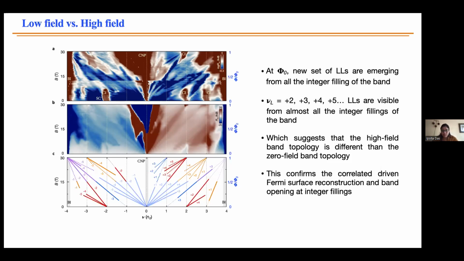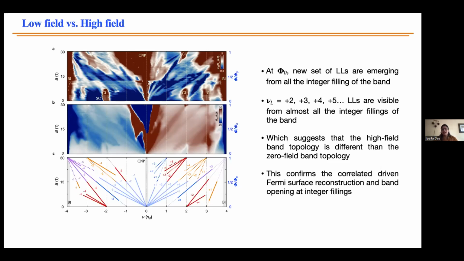So if you consider that all these Landau levels are emerging from a new Fermi surface, within a flat band, you have different Landau levels coming out from different filling factors, meaning that you have a band gap and your Fermi surface reconstructs there and gives you a different set of Landau levels, right?